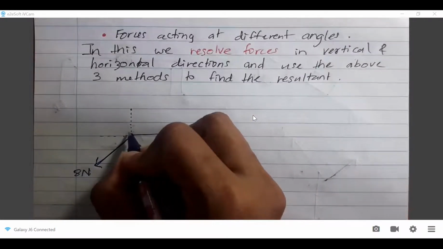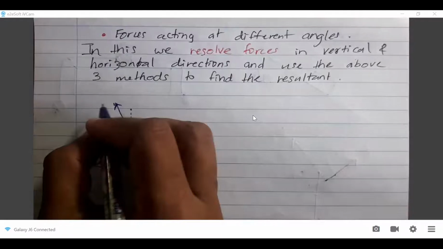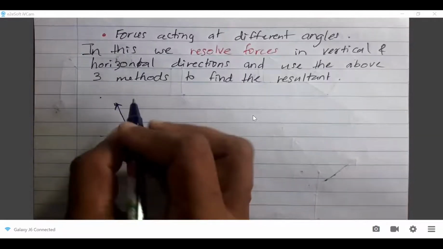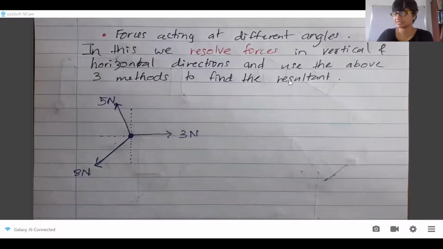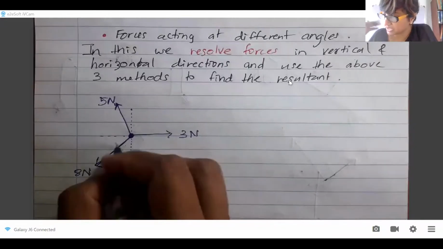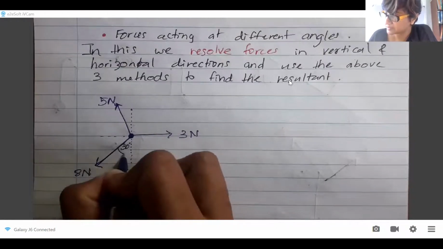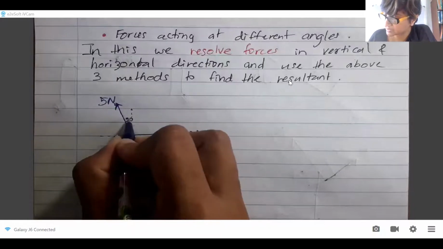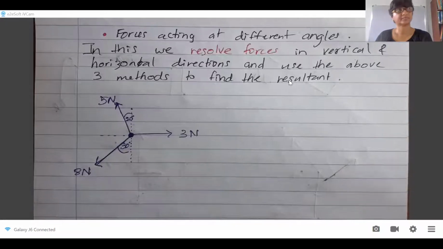And say I'll put another force in that direction, 5 newtons. I'll give you the angles. Say this is 30 degrees, and say this is 20 degrees. Okay, let's do these three.